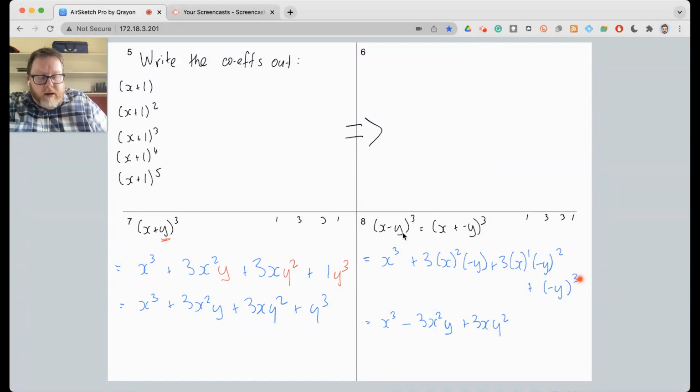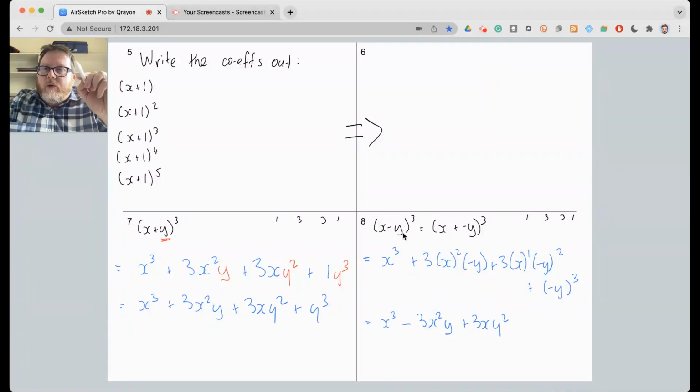Well, if I raise a negative number to 3, let's just say, I'll erase this in a second, if I had, say, negative 2 cubed, well, that's negative 2 times negative 2, that gives me positive 4, times negative 2, which is equal to negative 8. So when I raise a negative number to 3, I'm going to get a negative result again. In general, and this is the important point to take out, if you raise a negative number to an even power, power of 2, power of 4, power of 6, power of 8, you're going to get a positive result.